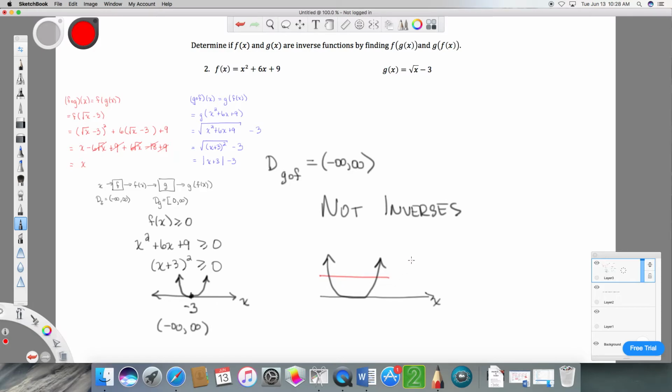It's a function, but it's not a one-to-one function. So it's no surprise that it doesn't have an inverse. If it doesn't have an inverse, then there's no way that g could be an inverse, because f doesn't have one. So our final answer is that these are not inverses, and that makes sense if we consider the graph.